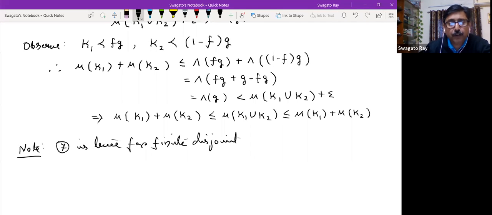Because if you can prove it for 2 compact sets, then you can obviously prove it for 3 compact sets, say K1, K2, K3. So look at K1 union, take K2 and K3 together. That is a compact set. And it is disjoint with K1, apply this result. And then split K2 and K3 and go on doing this inductively. So this is true for finite disjoint union of compact sets.